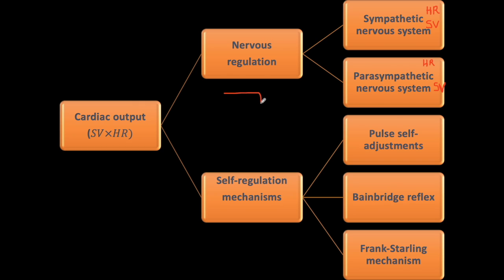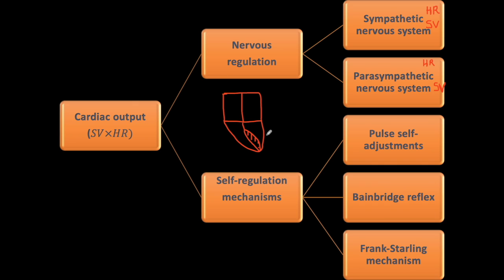Suppose that this is a graph of our heart, right? This is our heart, a simple, oversimplified picture of it. This is the interventricular septum, the muscular portion, and this is our right atrium, right?